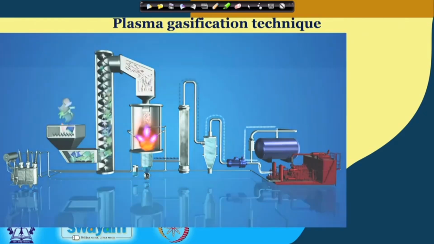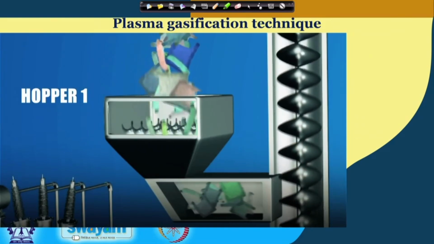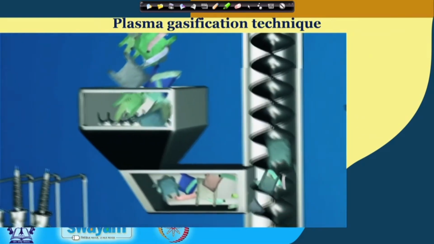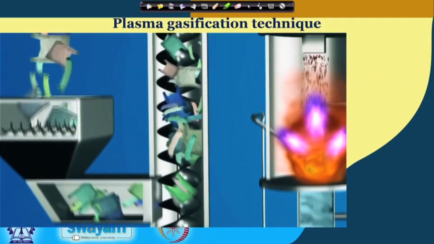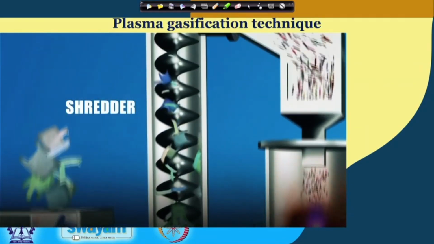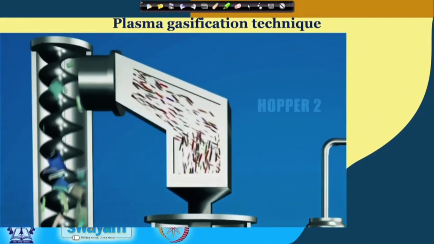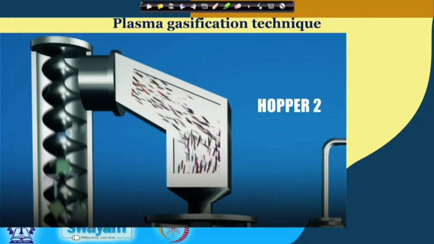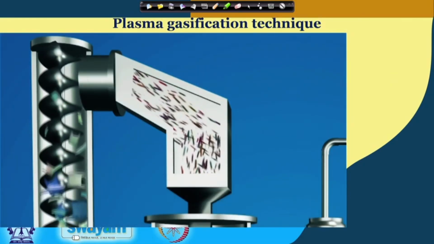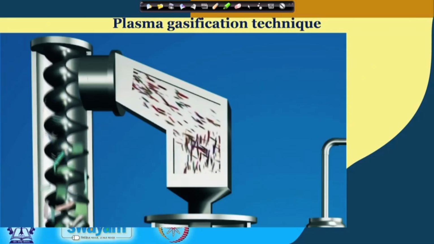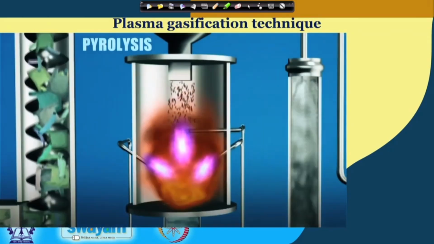In the first step, the plastic waste is fed into hopper 1 to provide an intermittent supply to the column of shredder. The shredder reduces plastic waste into smaller bits of suitable size, which are fed to hopper 2. The second hopper, connected to the gasifier, supplies feed intermittently to the gasifier, but the feed rate can be suitably adjusted by means of a control knob.